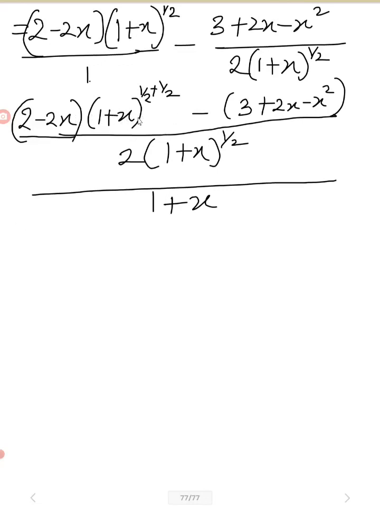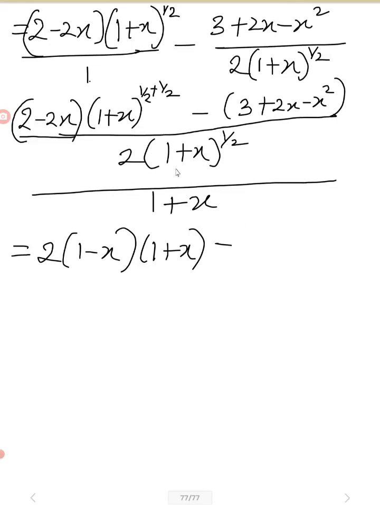We have this, which is equal to 2. Let's remove 2 from here to have 1 minus x multiplied by 1 plus x. This has become 1 minus, minus 3.